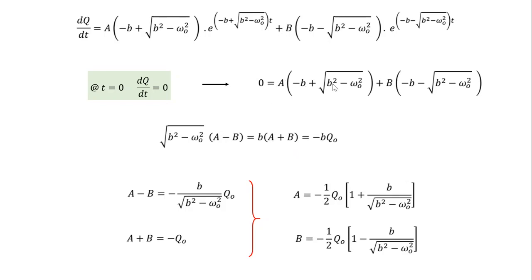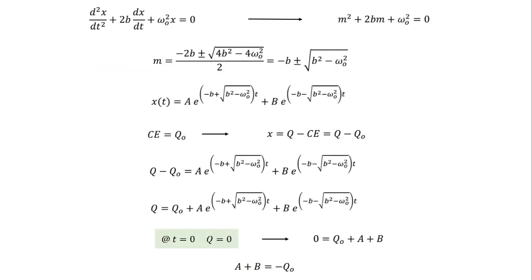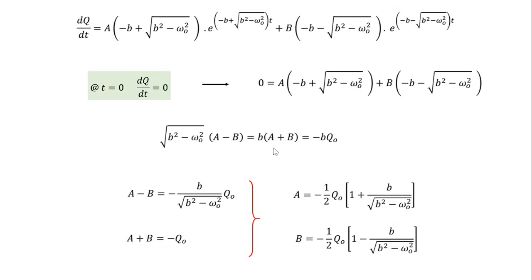You have the square root of b square minus omega naught square, constant, multiplied by A minus B. But A plus B we have already shown as minus Q naught. So substitute for that here. So b into A plus B becomes minus b into Q naught. Or you can write A minus B equal to minus b Q naught divided by square root of b square minus omega naught square.